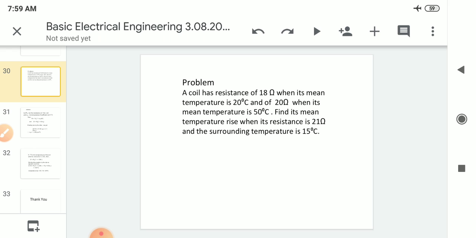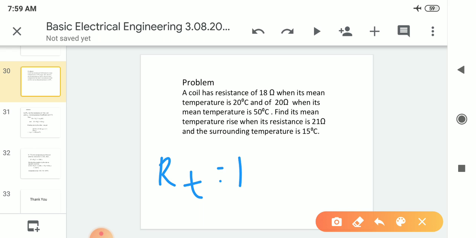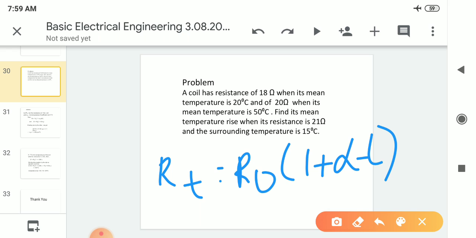Divide these two equations, then we are getting the alpha value. This is a model mostly we are doing here. The base of this equation is RT is equal to R naught into 1 plus alpha T. This is the base of the equation.